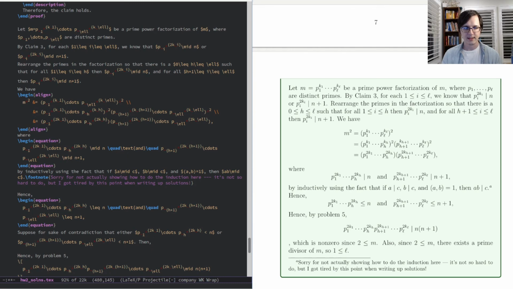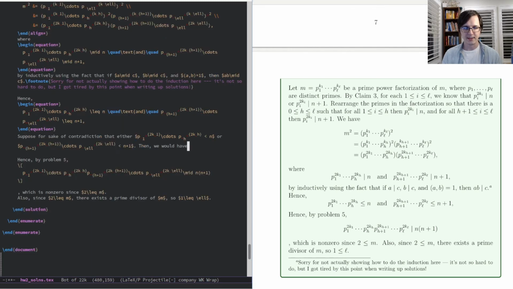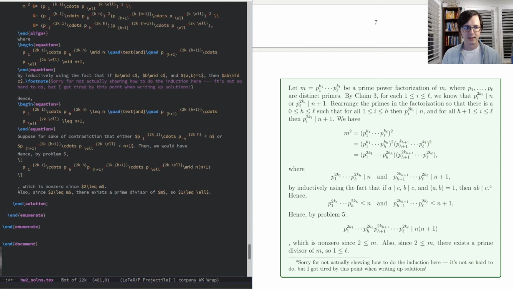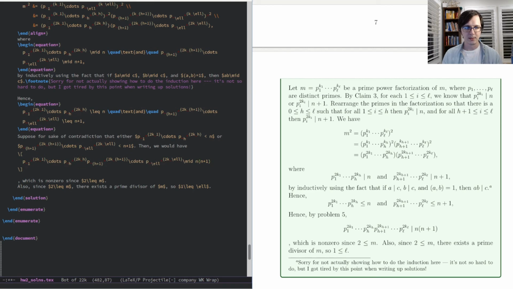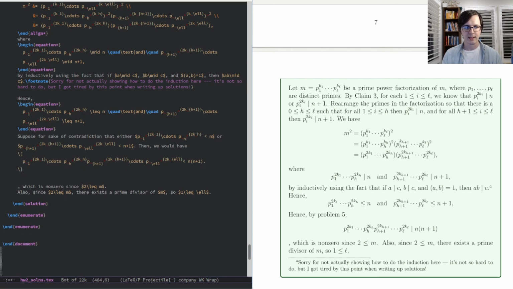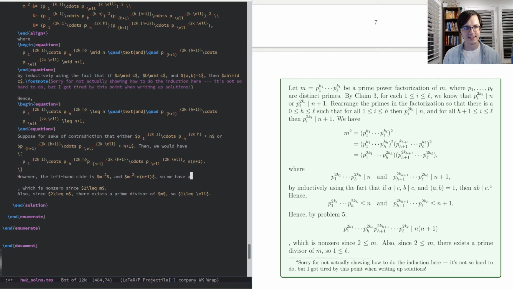Then when we multiply them, we get a strict inequality. However, the left-hand side is m squared, and m squared equals n times n plus 1. So we have a contradiction.